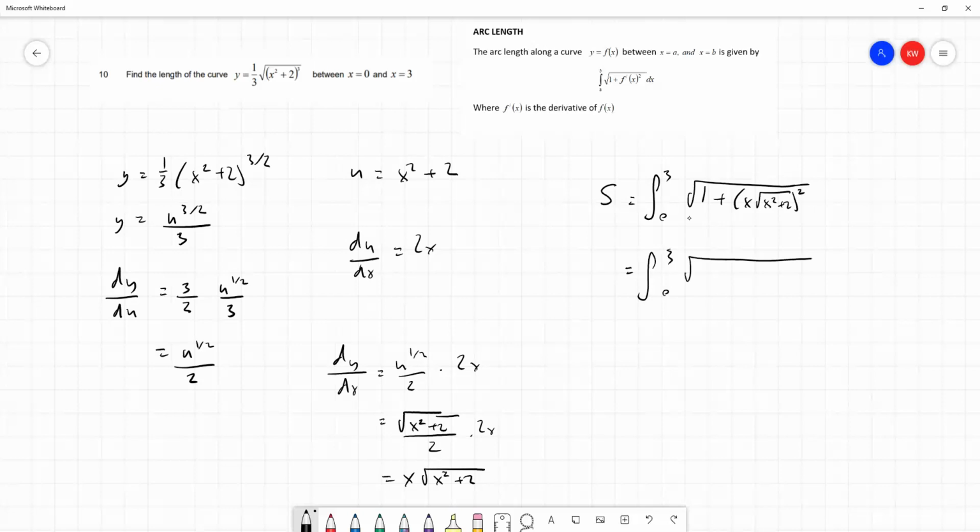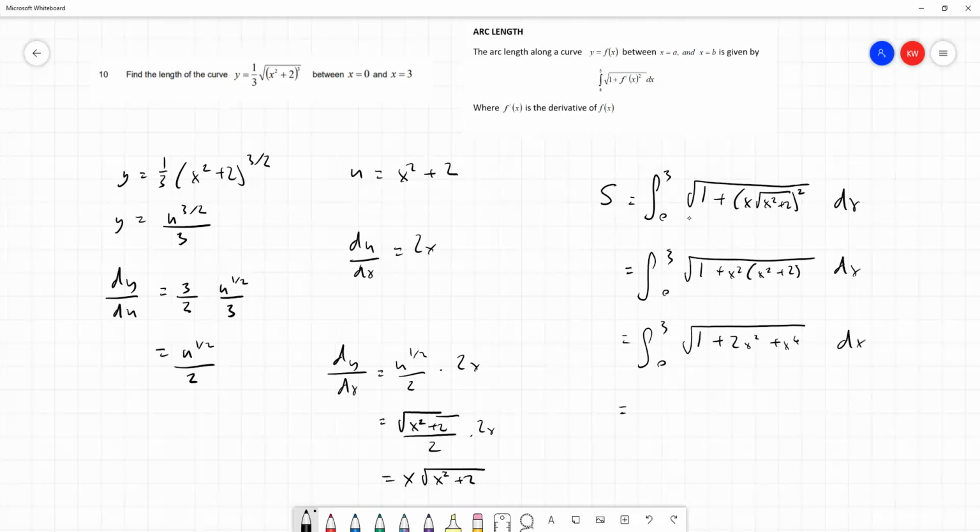This gives us, squaring that bracket, x squared times x squared plus 2. Include my dx's, of course. That's equal to 1 plus 2x squared plus x to the power 4 dx.